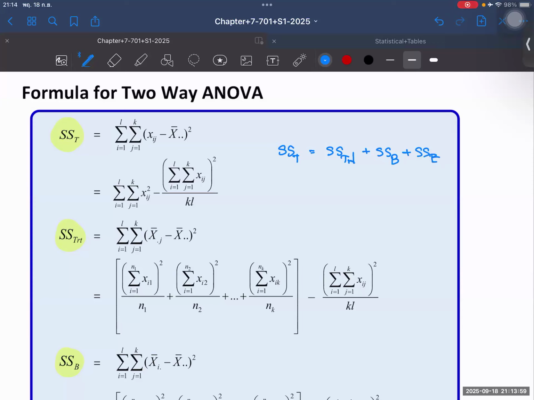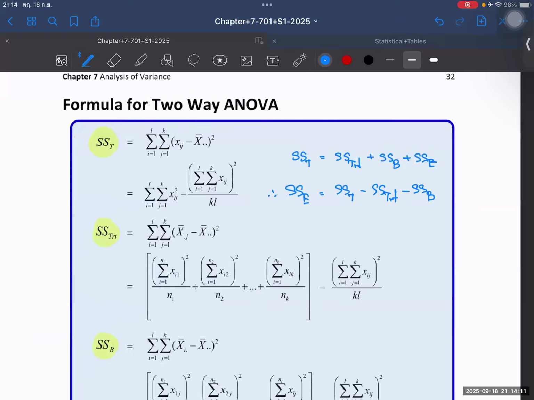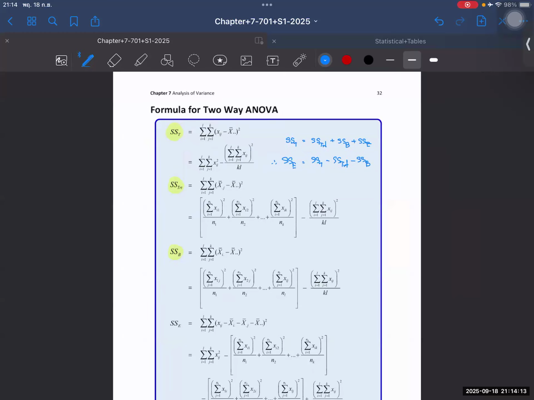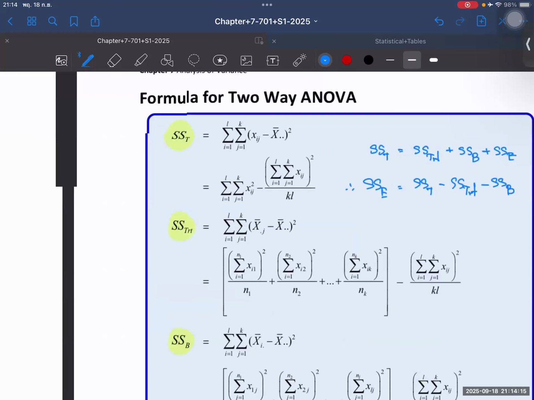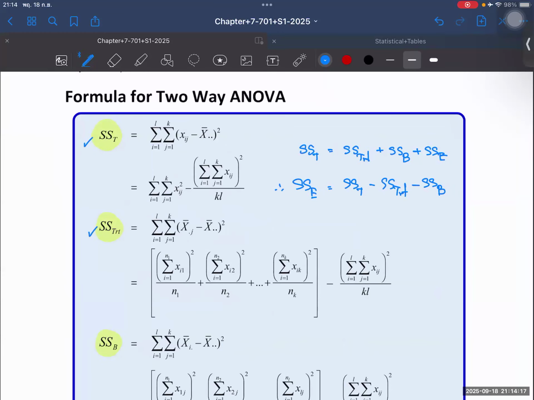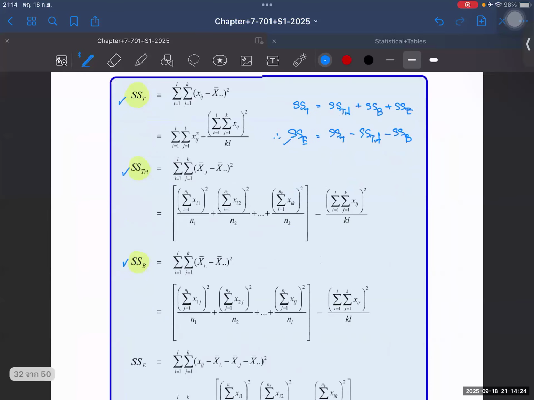So you can calculate the sum square of the error as the sum square total minus the sum square of the treatment and minus the sum square of the block, okay? So I want you to remember 1, 2, and 3, and this relation is 4, to finish the two-way ANOVA.